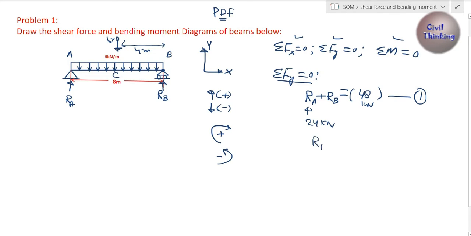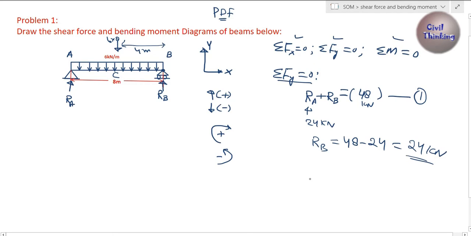Here we will get RB is equal to 48 kilonewton minus 24 kilonewton, which is again 24 kilonewton. So we get RA equal to 24 kilonewton, RB equal to 24 kilonewton.